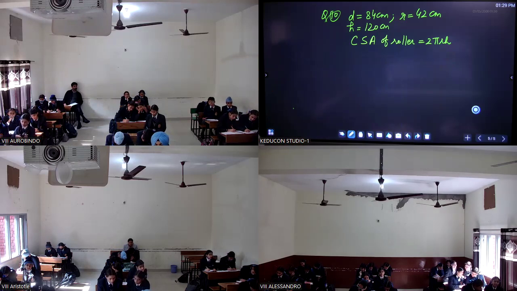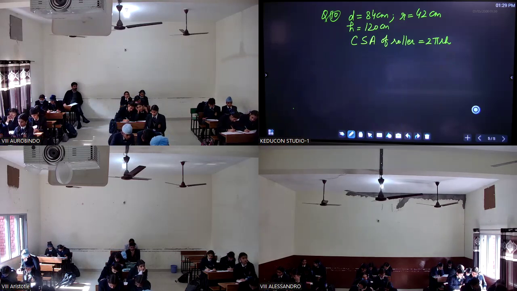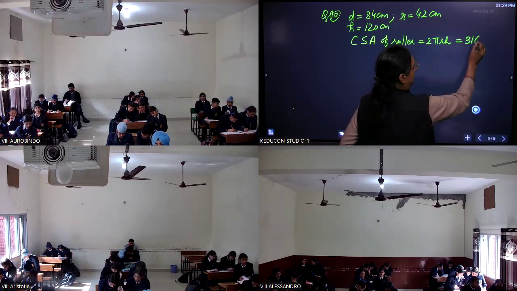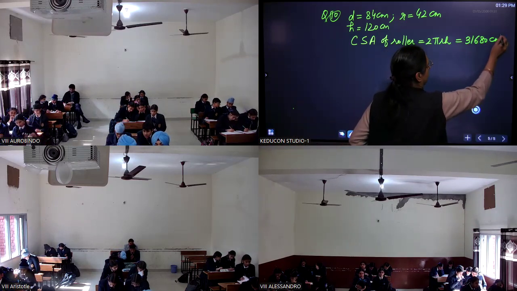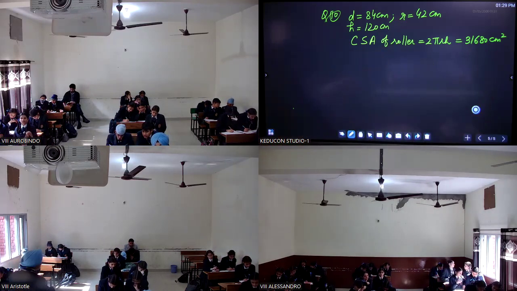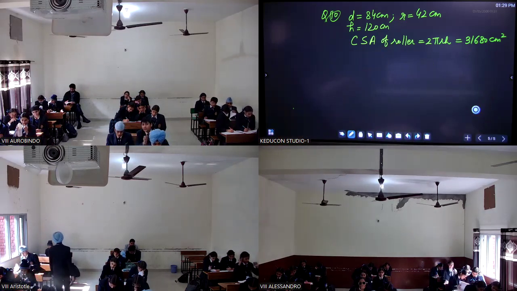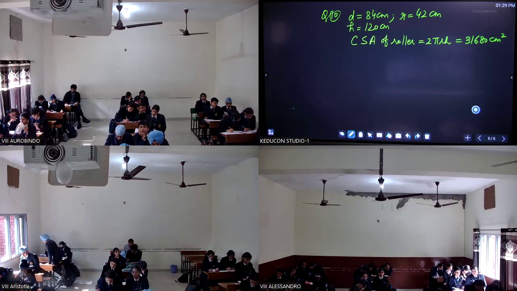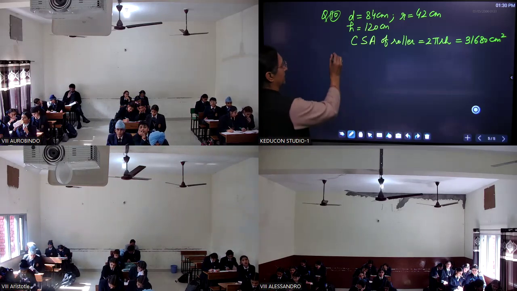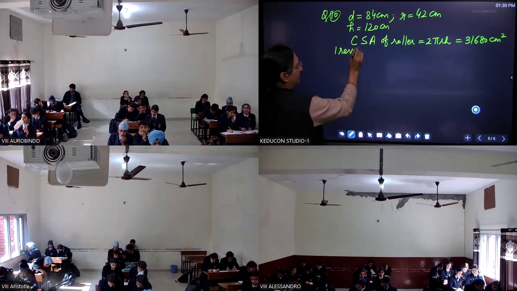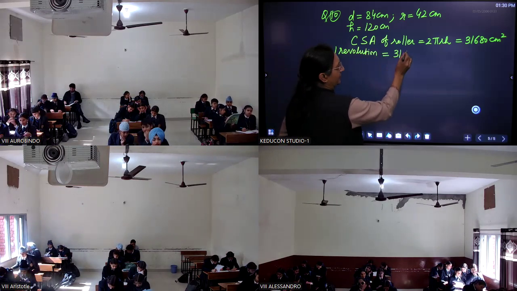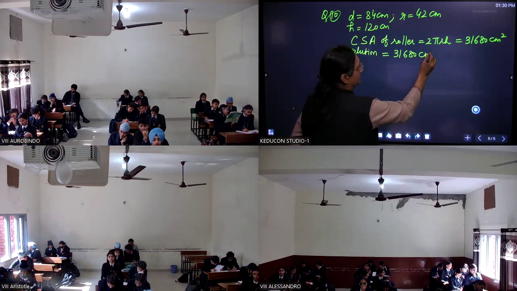It is coming out to be 31,680 centimeters square. Please check it. When the roller is moving, one revolution is giving us 31680 centimeter square.